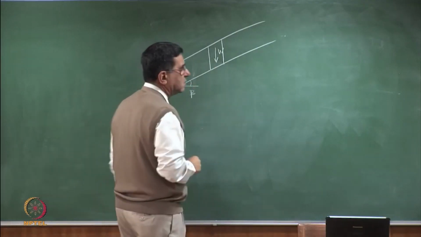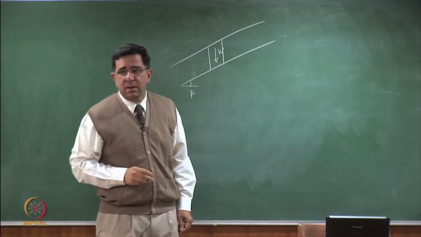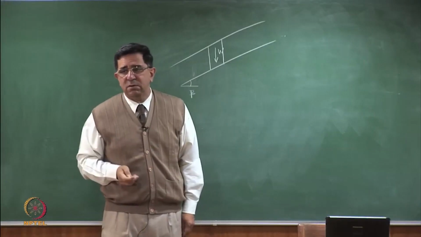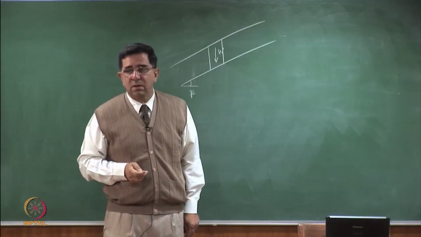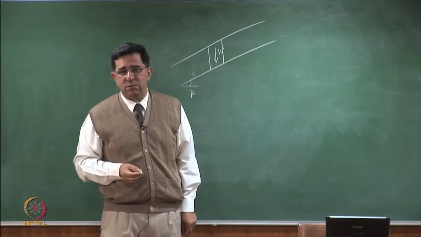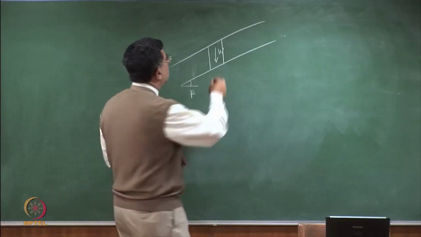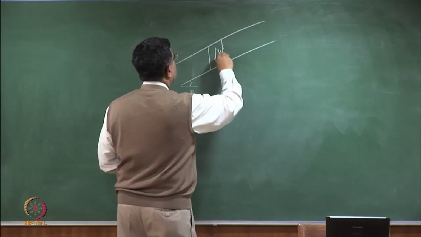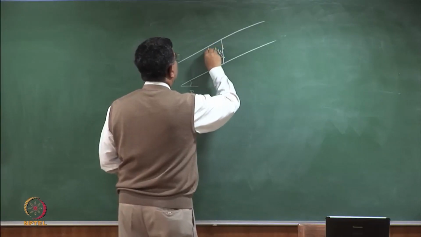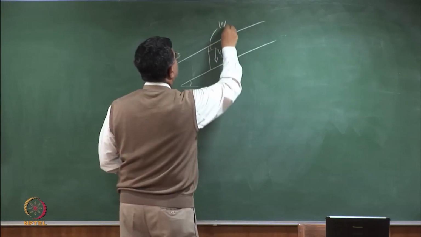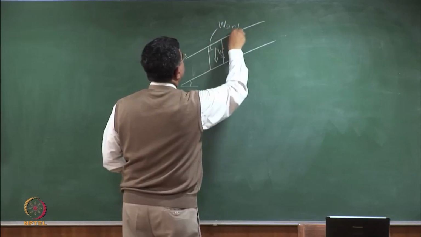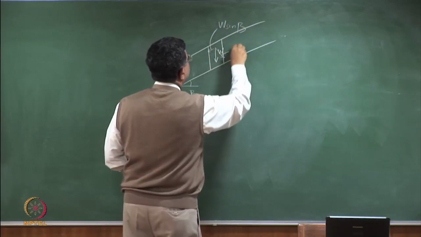So what are the forces which are causing this to go down? What is the driving force and what is the resisting force? So what are the two components of W? This is W sine beta, and that is W cos beta.